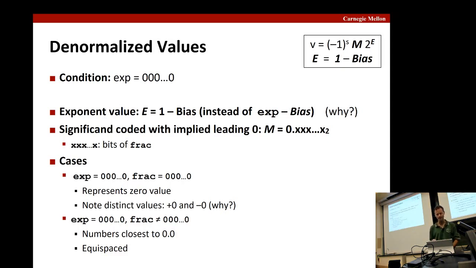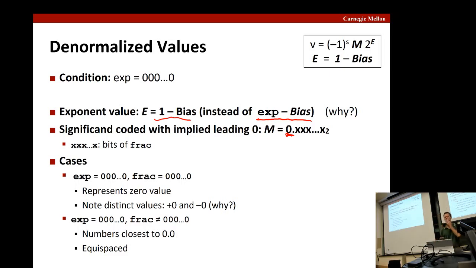One is that the exponent is not the bits minus the bias, like the 127. We interpret it as 1 minus the bias. And the significand, instead of being encoded with a leading 1, is encoded with a leading 0.